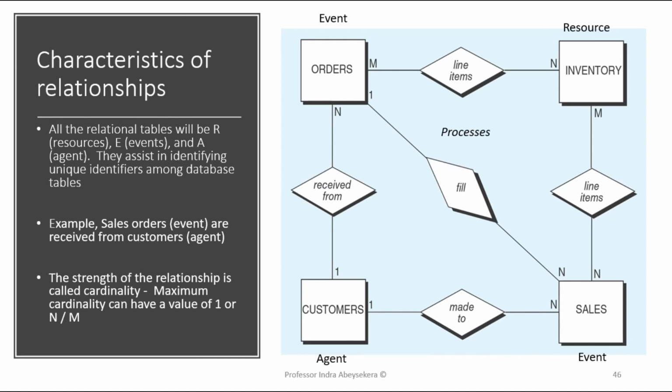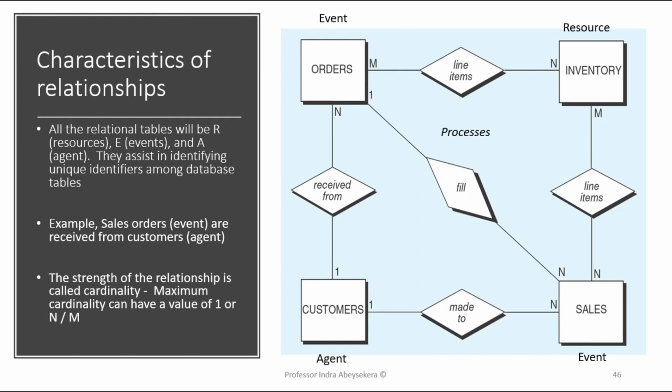And this relationship, the maximum number of relationships that we can have, is called the cardinality, and the minimum number of relationships that we can have for each relationship is called participation.